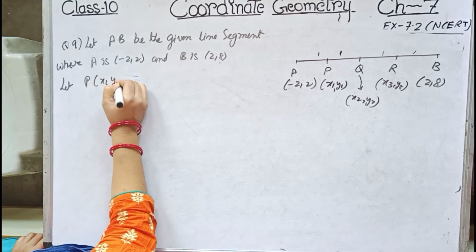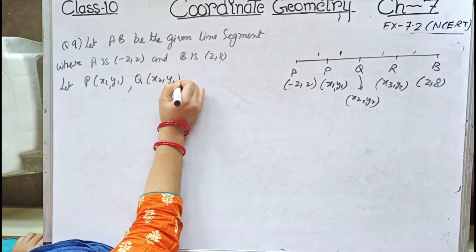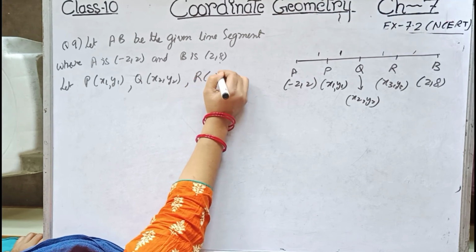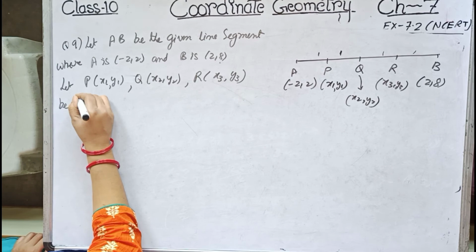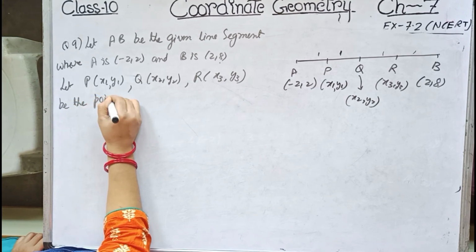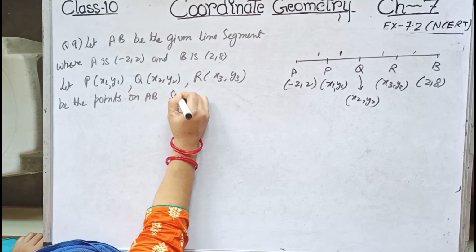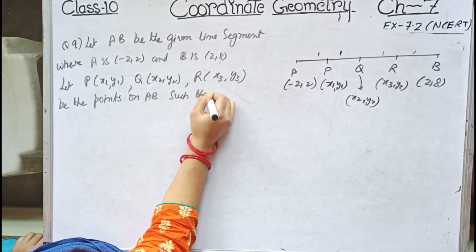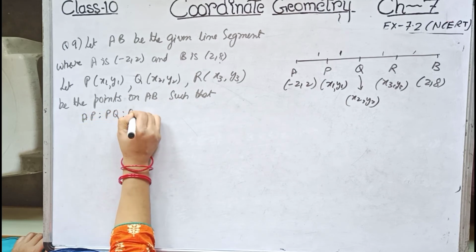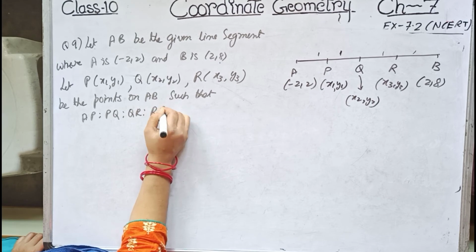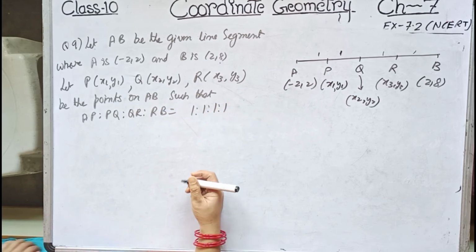Let P (x1, y1), Q (x2, y2) and R (x3, y3) be the points on AB such that AP is to PQ is to QR is to RB equals 1 is to 1 is to 1 is to 1.